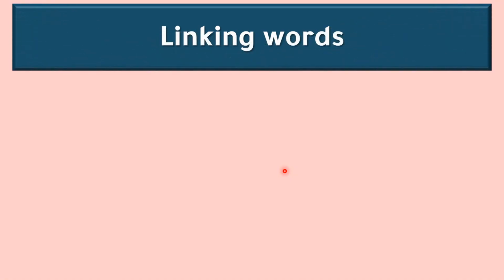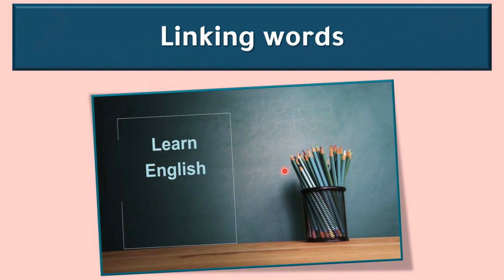Shall we move to another course which is very important like other courses? This course is linking words. What do we mean by linking words? And what are these linking words? Follow me.